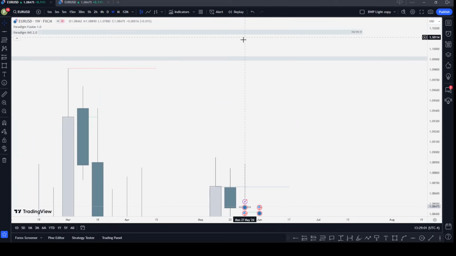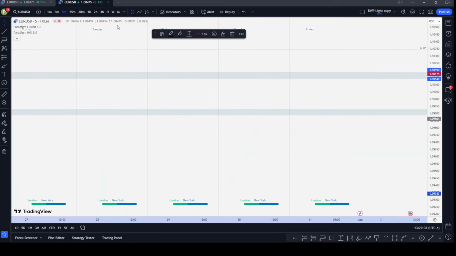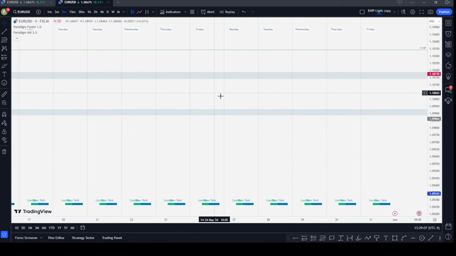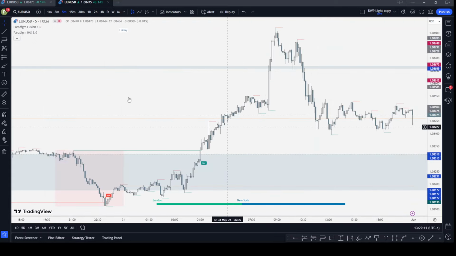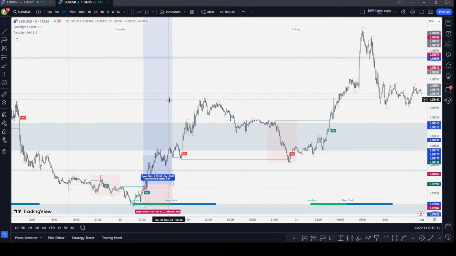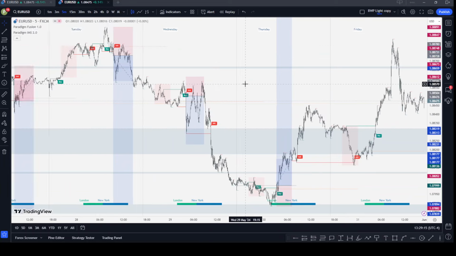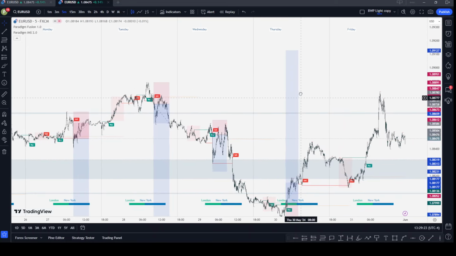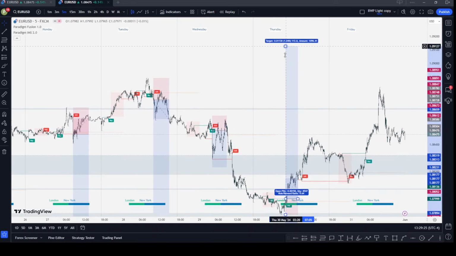You can make that your initial target until the end of the week to see what you should target. Or you can just simply use the new week opening gap. Remember, the idea is above this area bias is bearish, so ideally this would be a really nice and decent target.